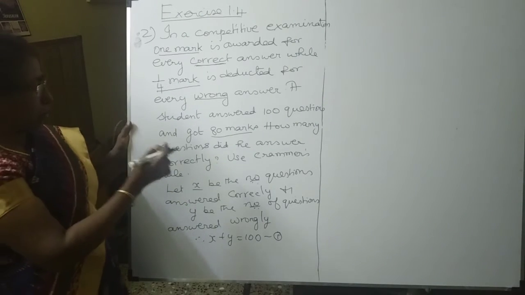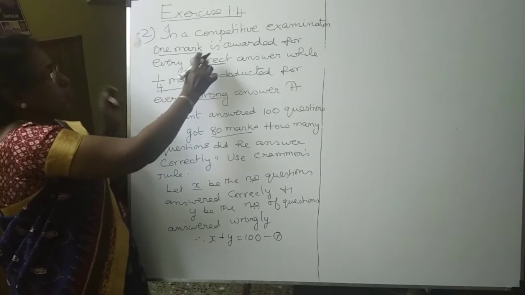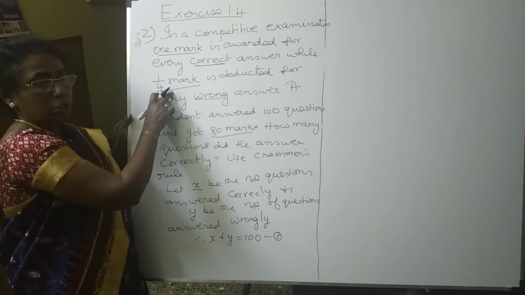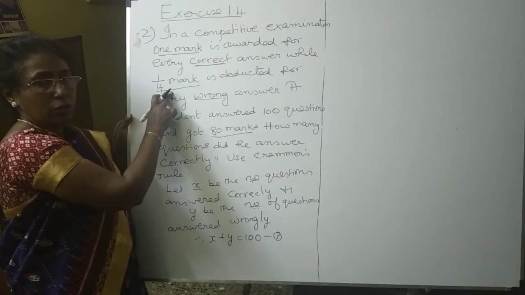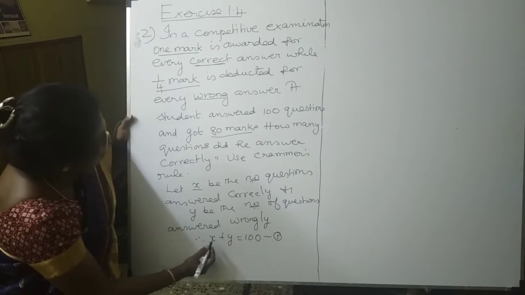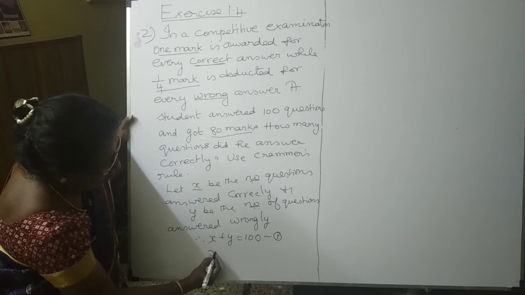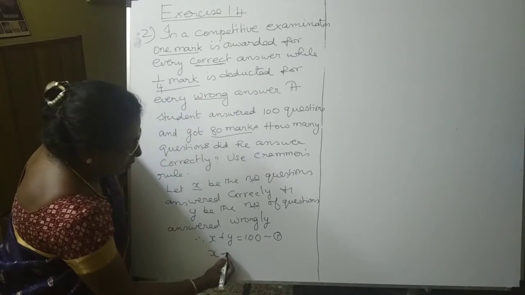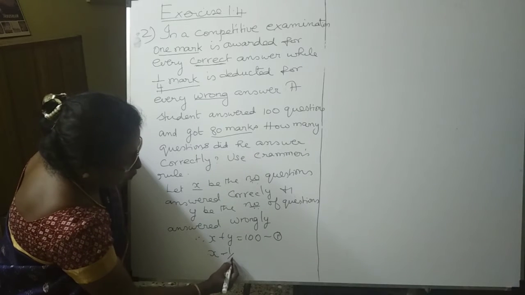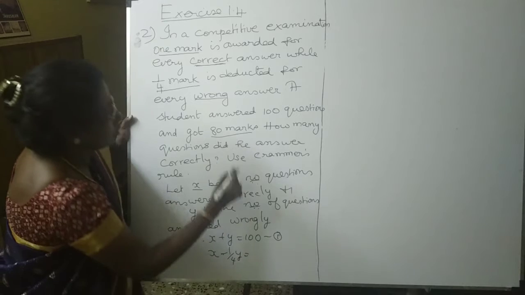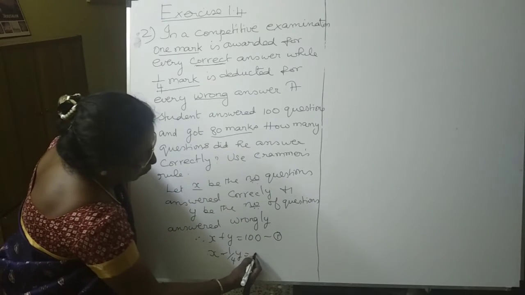The next is, it is given for a correct question he is awarded 1 mark, and for a wrong question he is deducted 1 by 4 mark. That is, a correct question is getting 1 mark, 1 into x is 1x. He is deducted, that means it is minus 1 by 4 into y, is equal to, how many marks is he getting on the whole? He is getting 80 marks.